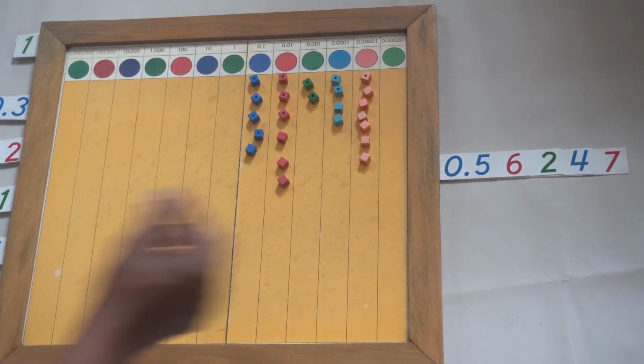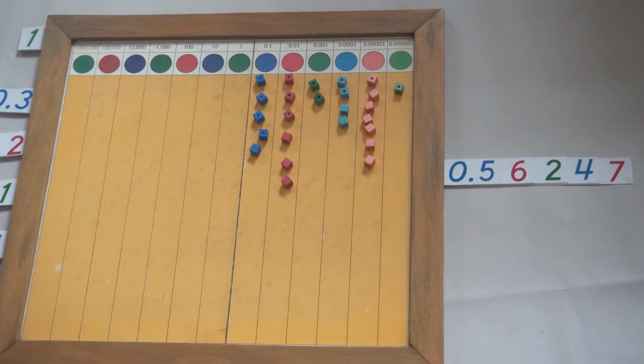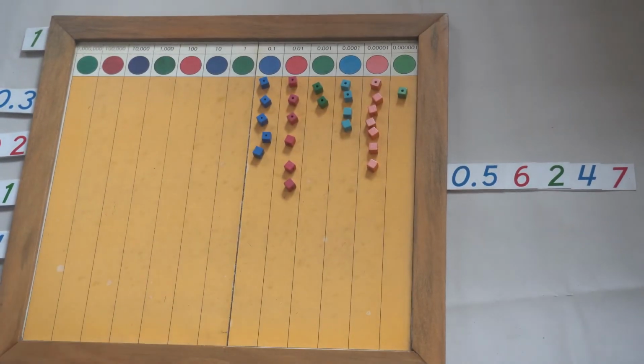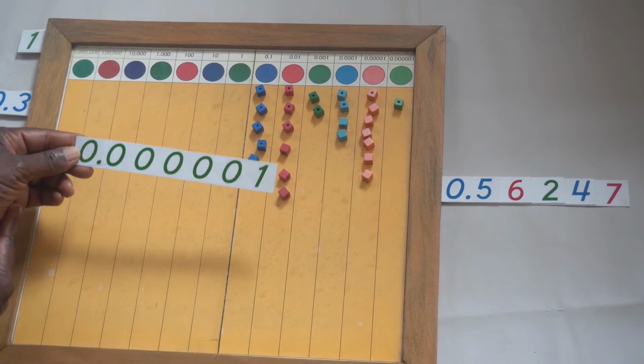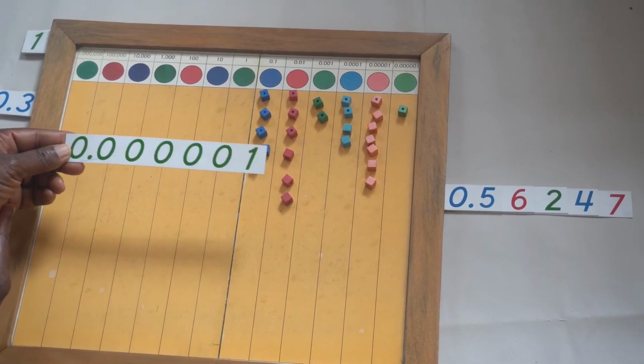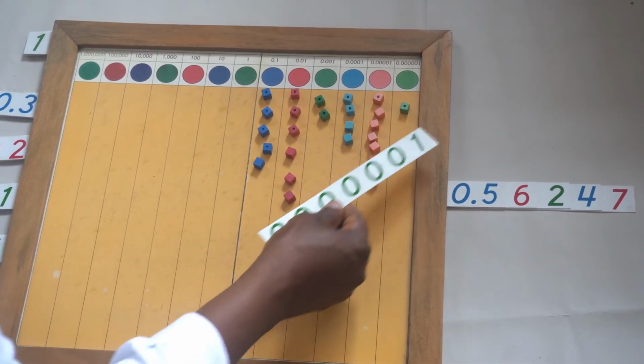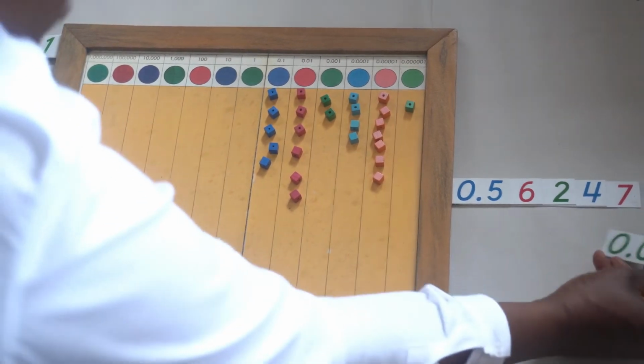Suppose I decide to add some quantities in the millionths category. Let me add just 1 millionth. And I have the 1 millionth card here. So this is 1 millionth. I add it to this.